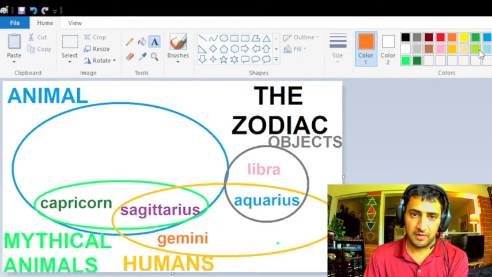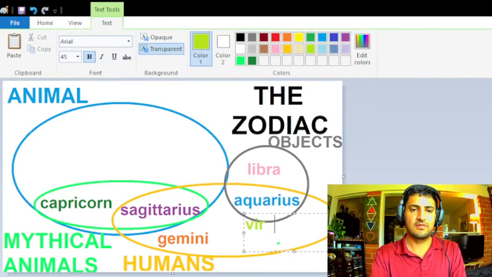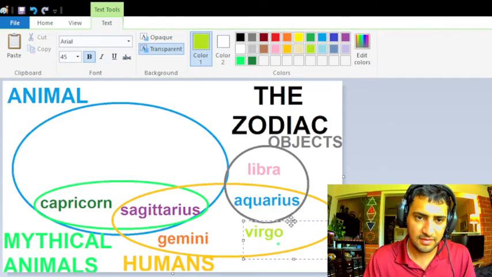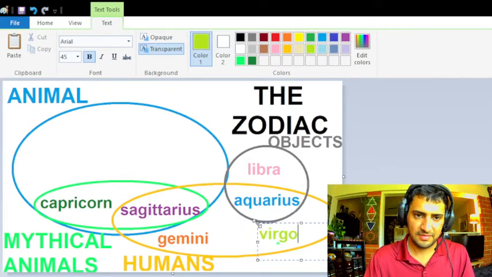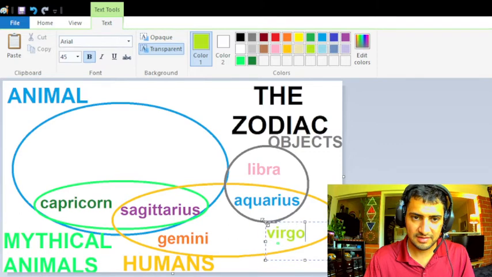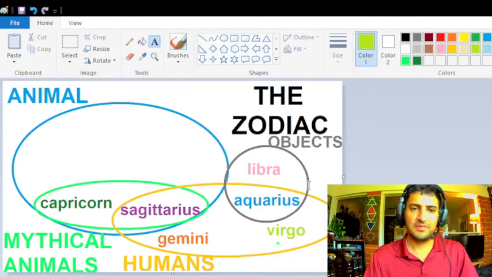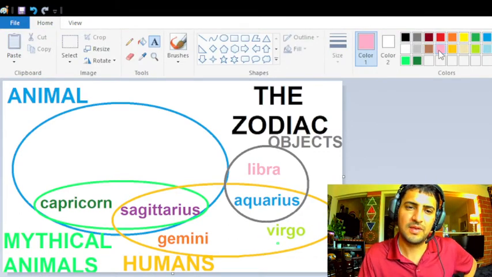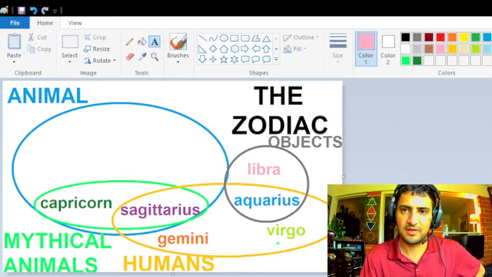And then Virgo, which I picture is kind of like a green color. It's an earth sign, so that works, right? And oh my god, this is gonna be so cluttered, but I'm gonna make this more confusing, maybe. And let's get like a pink color, like this kind of bright pink color.